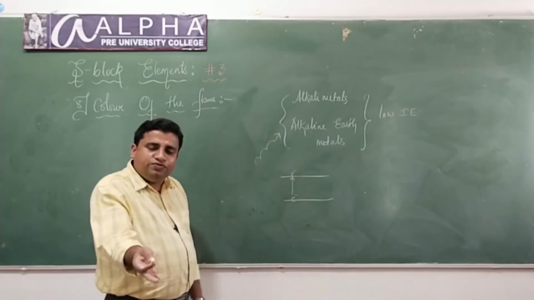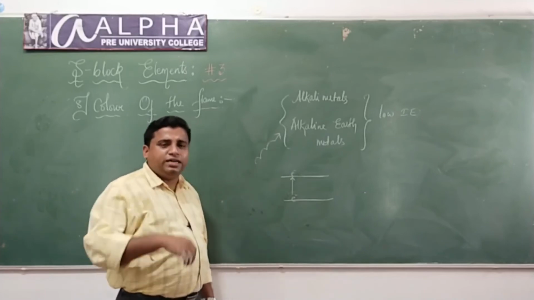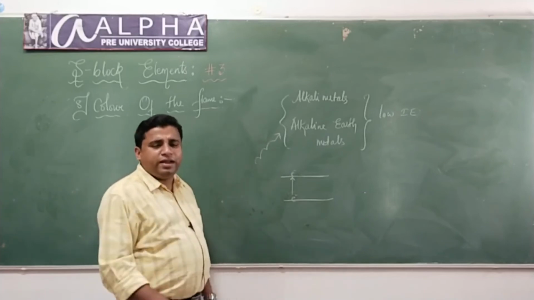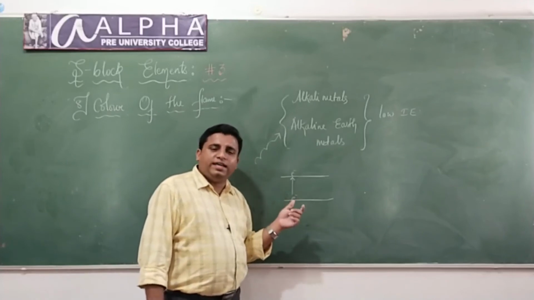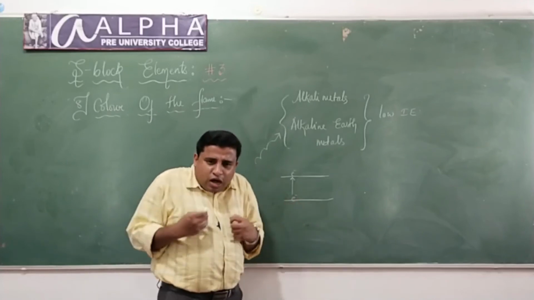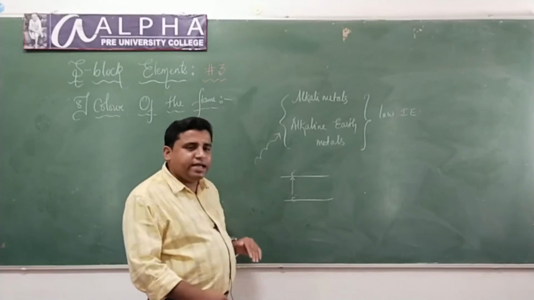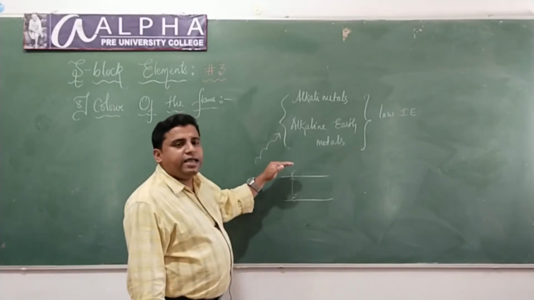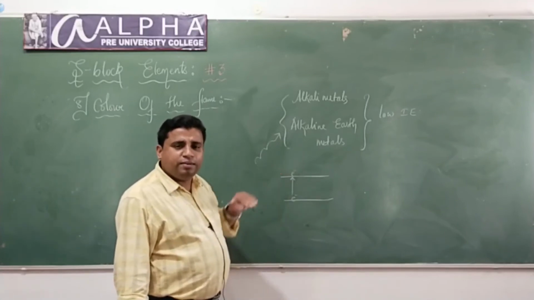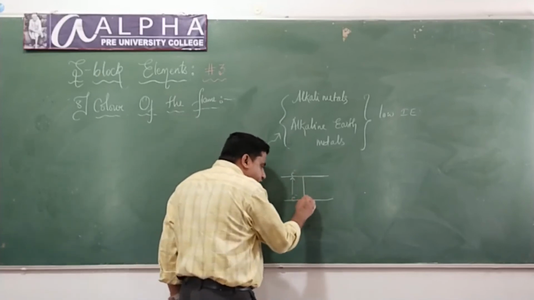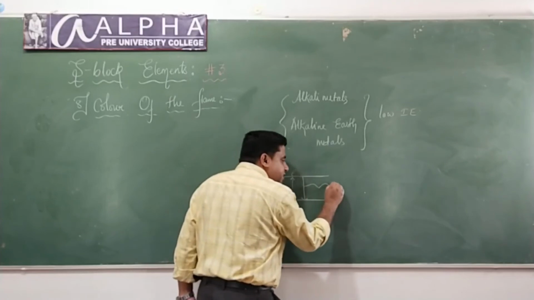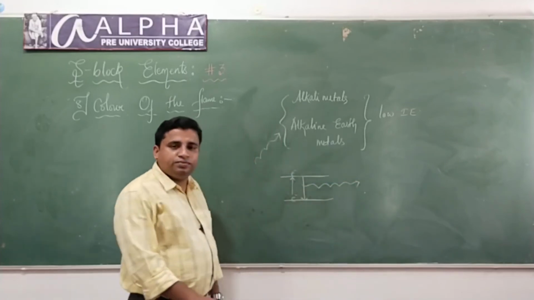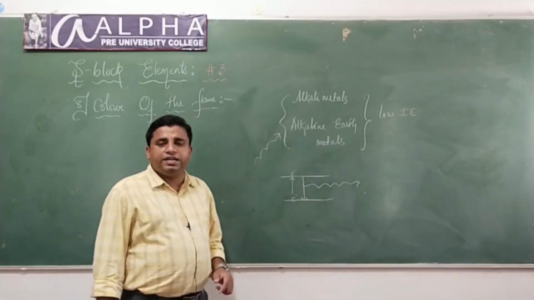Since it has low ionization enthalpy, even minimum energy is enough. But in the higher energy state it is unstable. Therefore, it returns back to the ground state, and when it returns, it starts emitting radiations.